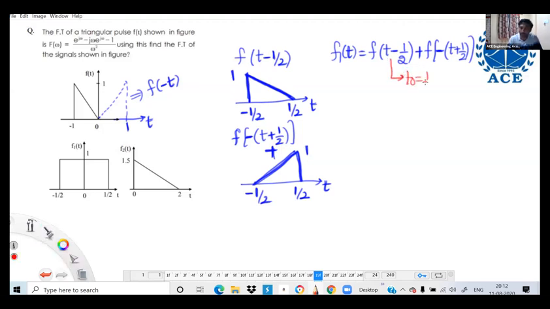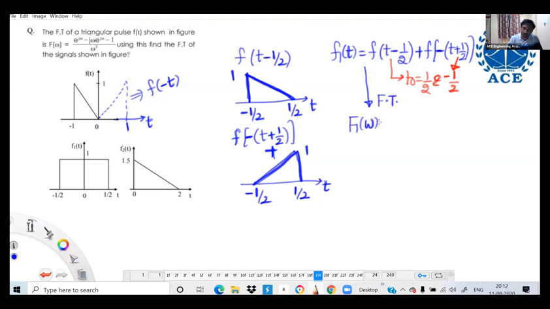T naught equals plus half for the first time. In the second expression, it is minus half or not, because t minus t naught is our symbol. What is the Fourier transform for this expression?